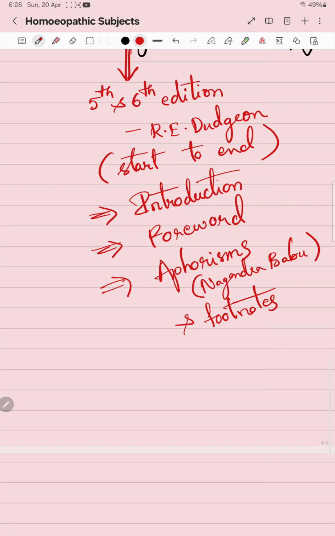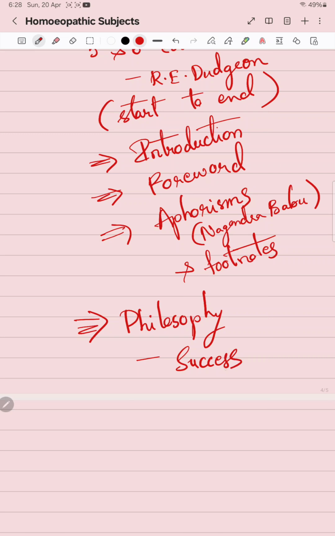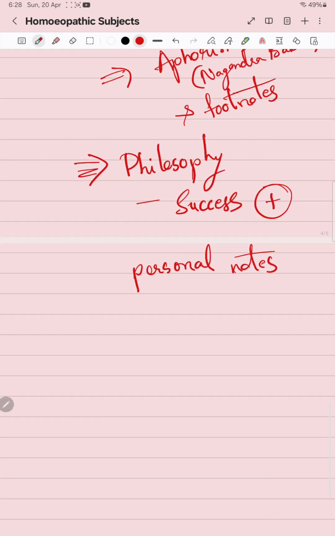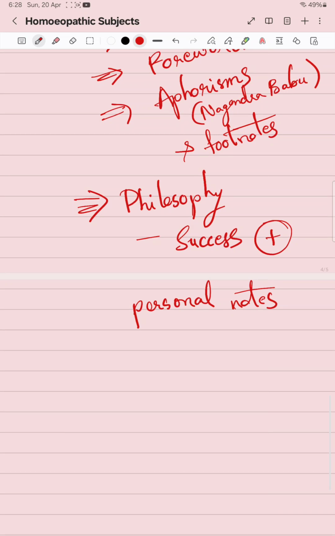And coming to the philosophy part, for the philosophy, study success, that's enough. Success, and if you have your personal notes of each and every philosophy like Stuart Close, Kent, Carol Dunham, etc. You can't sit and study each and every chapter of philosophy.